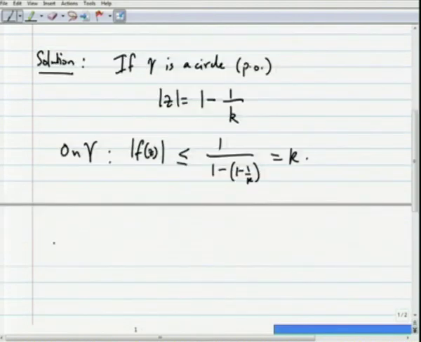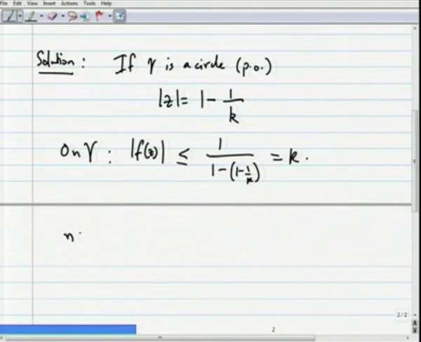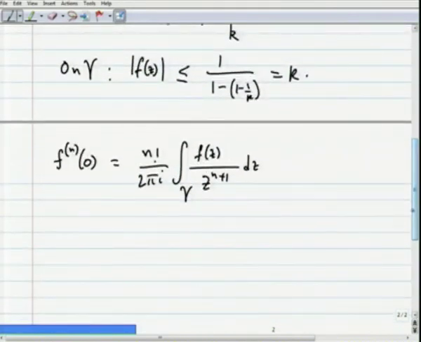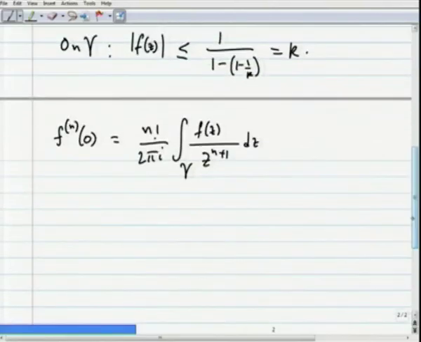Cauchy's integral formula for the nth derivative at 0 is given by f n of 0 equals n factorial by 2 pi i times the integral over gamma of f of z by z power n plus 1 dz. This particular gamma will work because f is analytic inside and on this circle. That is Cauchy's integral formula for the nth derivative of f at 0.